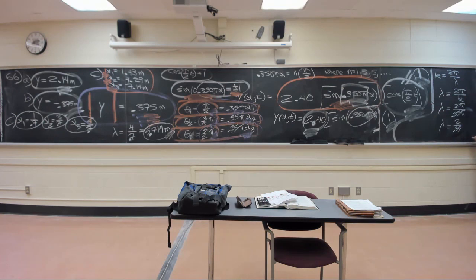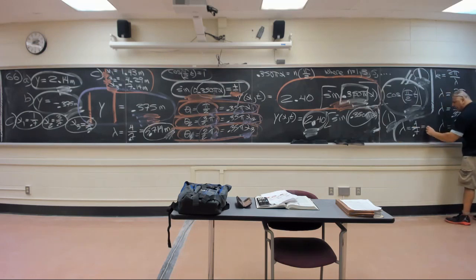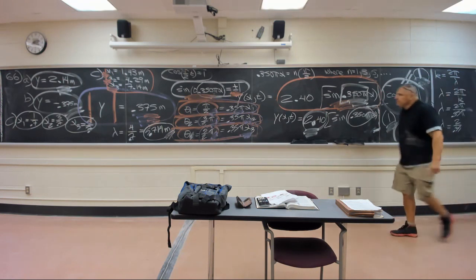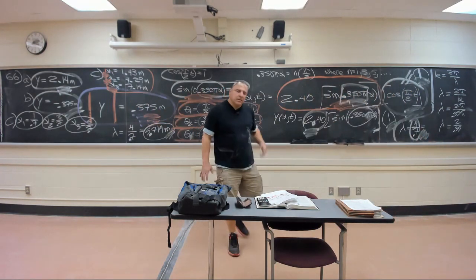Multiply top and bottom by 2. Lambda equals 4 over 0.7. Aha. Lambda equals 4 over 0.7. There it is. It's all there.